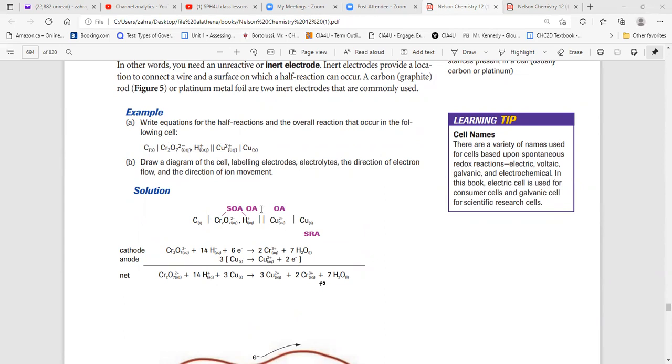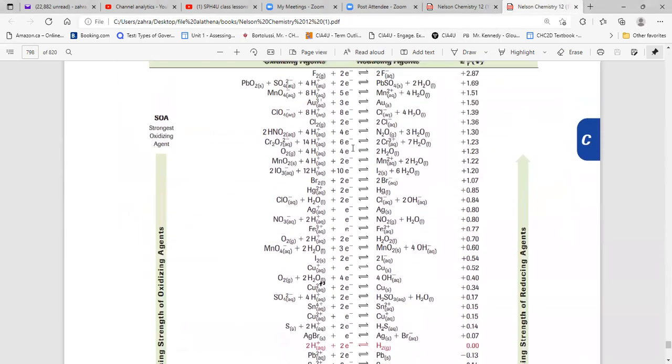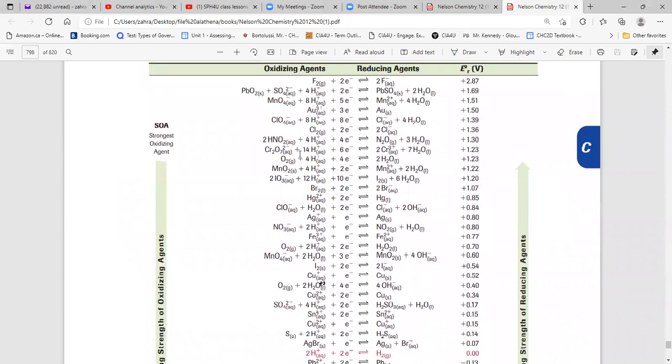So if you look at the chart, we have Cr2O7, we have this acid, we have Cu. Let's see which one is the strongest. Here we have Cr2O7 with H+, and we have Cu here, of course. Cr2O7 with H+ will be your strongest oxidizing agent. So this is going to be your cathode, and this is going to be your anode.